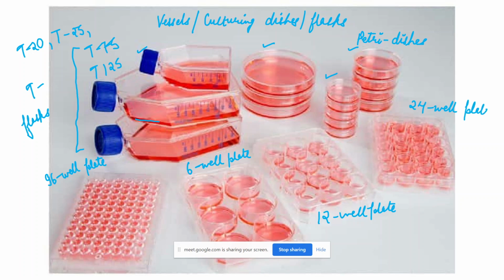Now the most important question is, why do we use different kinds of these vessel systems or different kinds of culturing dishes or plates or flasks for growing cells? So the reason is, these T flasks are usually used for maintaining cells because, as you can see, they have these caps here and this neck here.